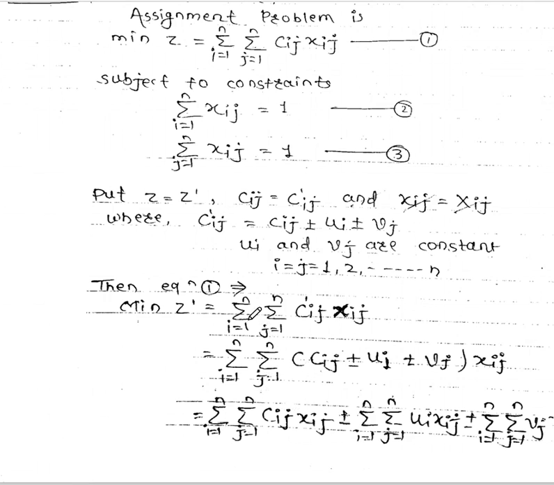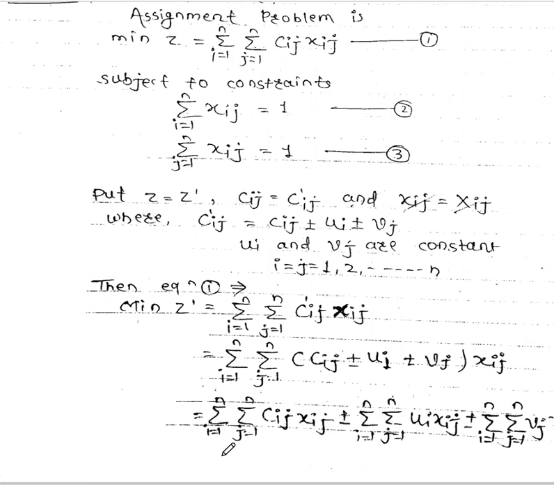Now we will use this notation: C dash ij means Cij plus or minus Ui plus or minus Vj, into Xij. Sorry, this is the small xij. Now we multiply this Xij to each and every element in the bracket, and we can also take the summation of each element.